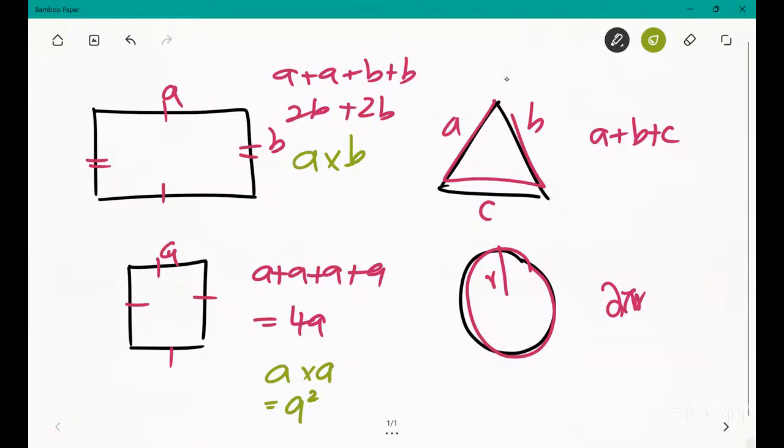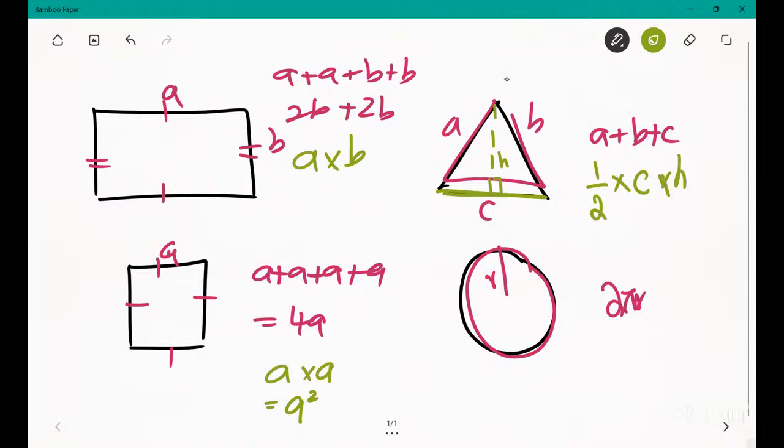Then in a triangle, you will have a perpendicular height given. So if they give that height, you're going to multiply that perpendicular height by the base. So in this given figure, it's going to be half into base, which is C, into perpendicular height.